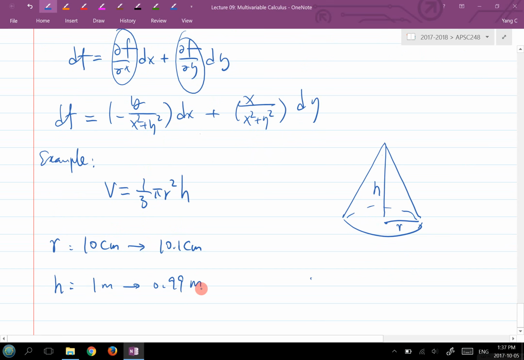And we want to know what will be the corresponding volume change given the change in the r and height h?